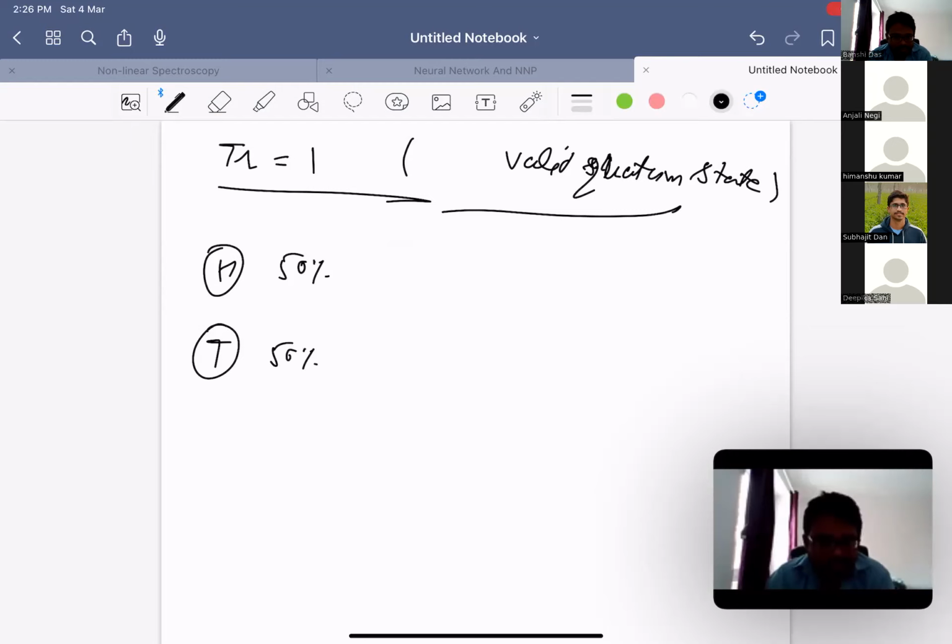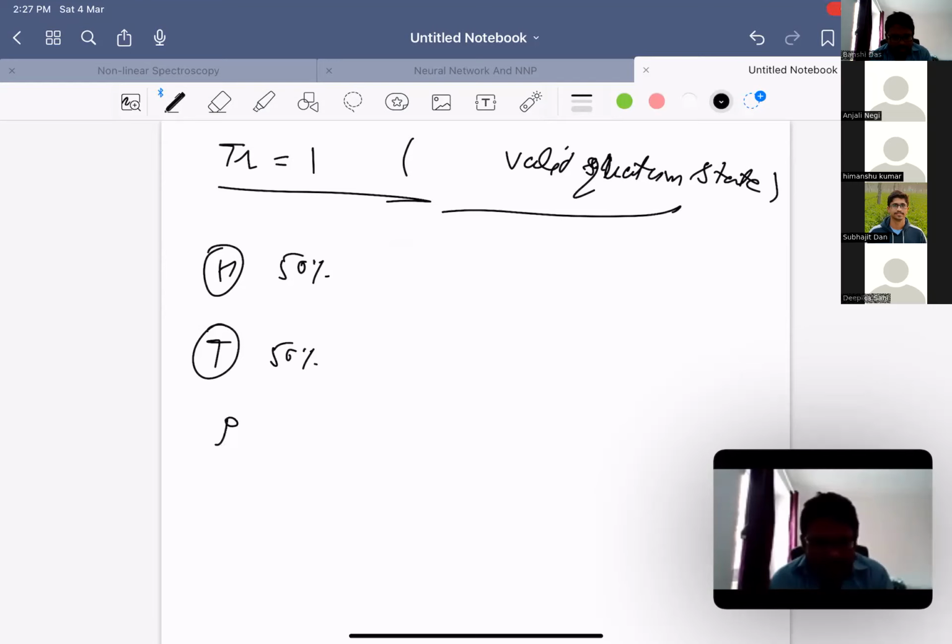Suppose if head arrives, it goes into one state, and if tail arrives, it goes into another state. There is nothing quantum about tossing a coin. So how do we write this state, which is an ensemble average of these two states?